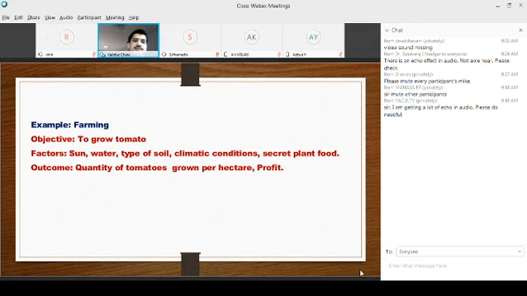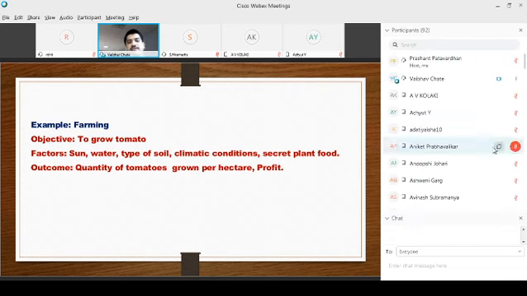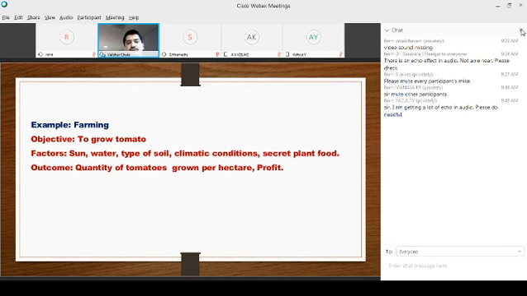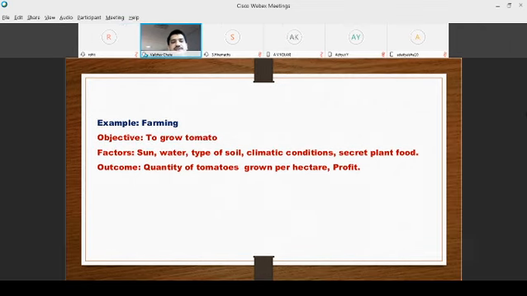It depends on which area you are working on, and the second is which particular parameters you are going to go for and which outcomes you would like to have. Let us say I take the example of farming. There are going to be n number of objectives. Either you would like to grow potato, tomato, onions, or rice, or commercial crops. Now you need to define the objectives.